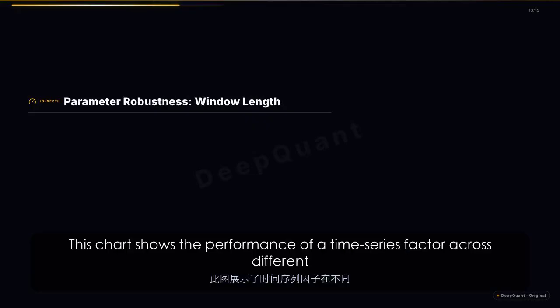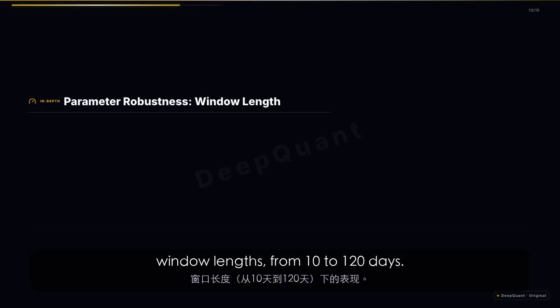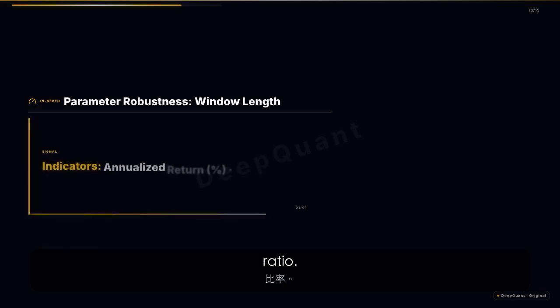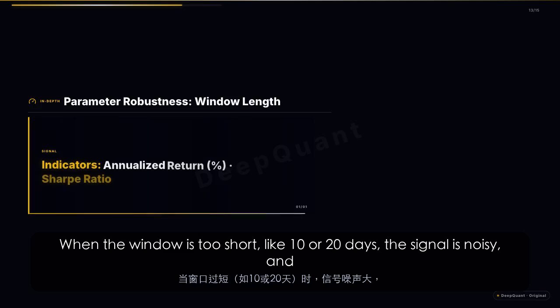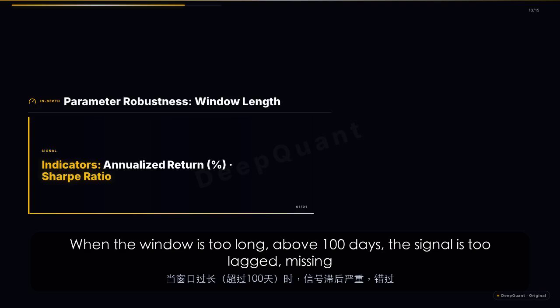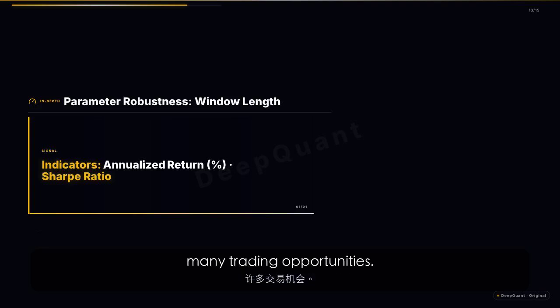This chart shows the performance of a time series factor across different window lengths, from 10 to 120 days. The blue line is the annualized return, and the orange line is the Sharpe ratio. When the window is too short, like 10 or 20 days, the signal is noisy, and returns and Sharpe are low. When the window is too long, above 100 days, the signal is too lagged, missing many trading opportunities.